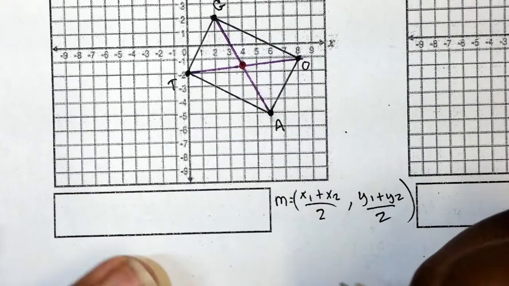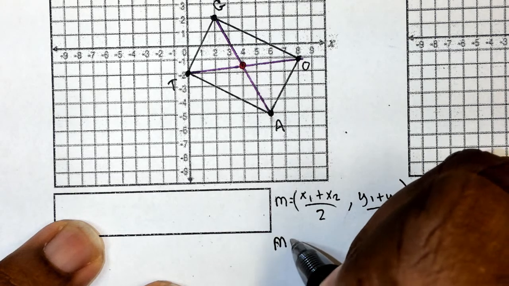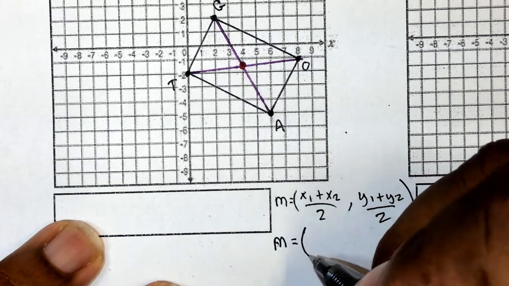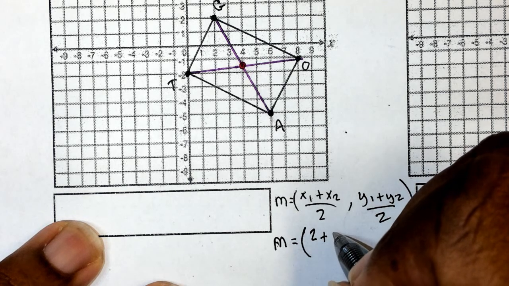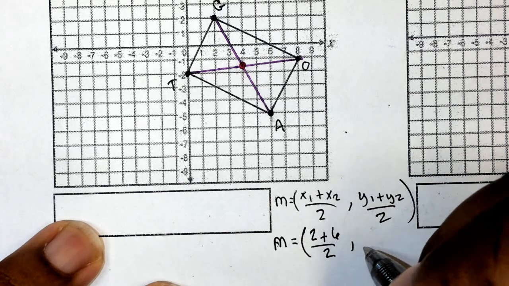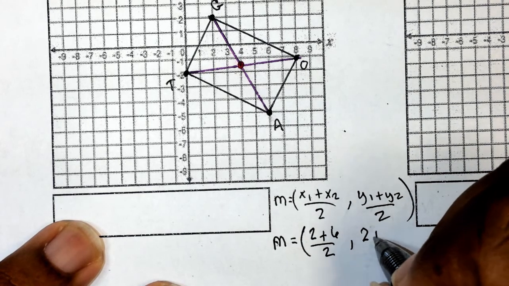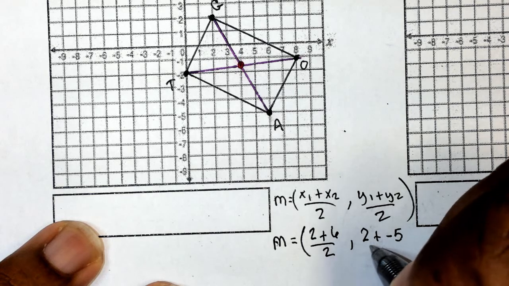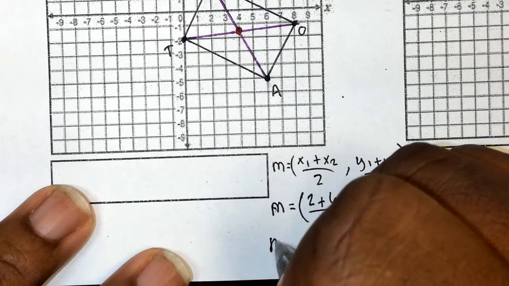You can use the other diagonal too, O and T, if you wanted to. So my numbers that I'm pulling: X1 is 2, plus X2, which is 6, divided by 2, comma, Y1 is 2, plus negative 5, which is Y2, divided by 2. And then I'm doing that math.